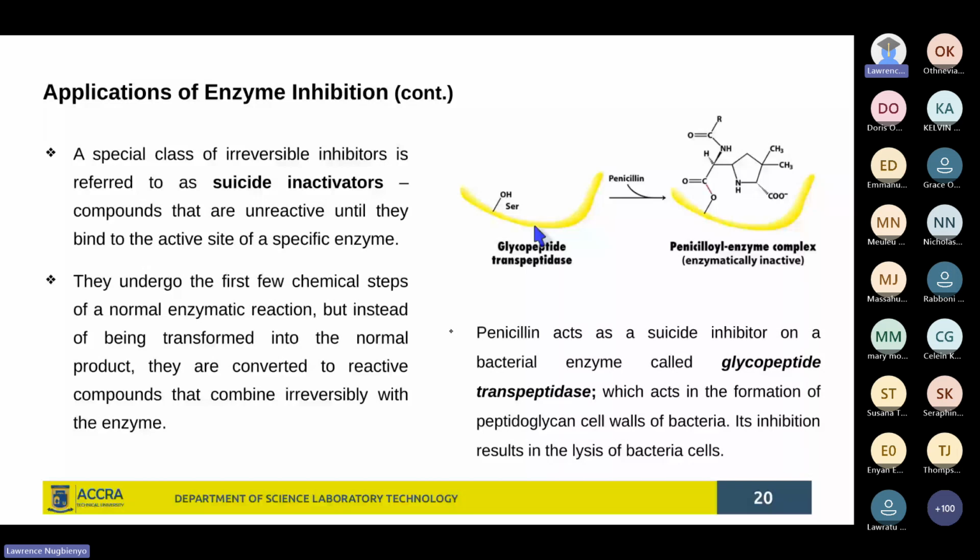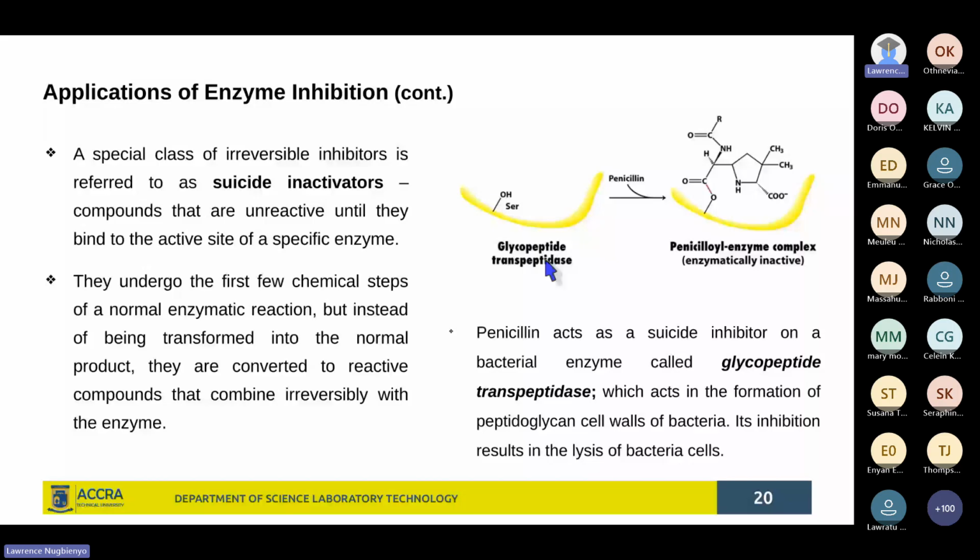In the formation of peptidoglycan, the structure that we saw earlier that lysozyme was breaking, the enzyme glycopeptide transpeptidase is involved in the formation of that bacterial cell wall.